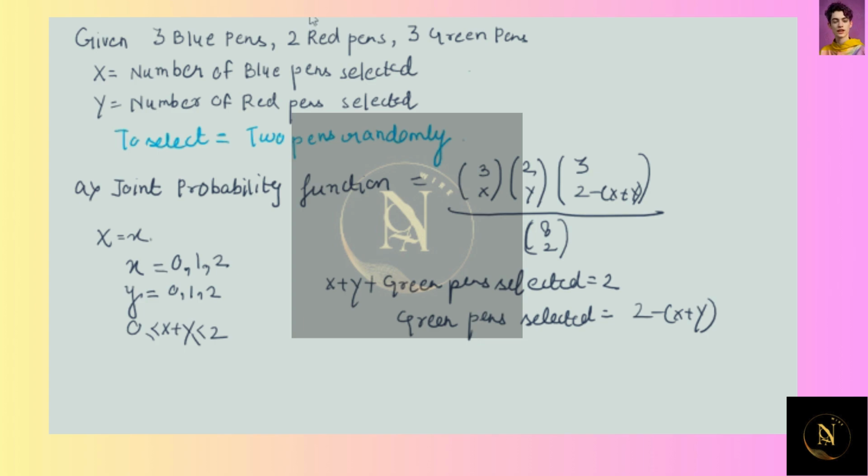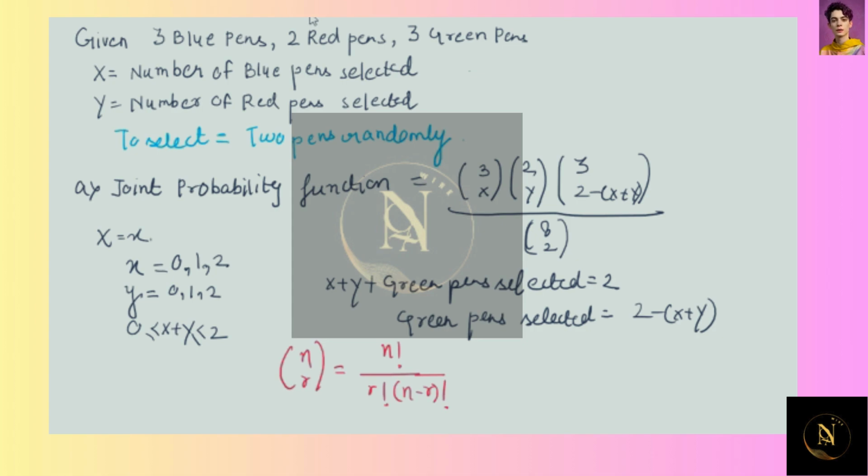And we must remember that nCr has the formula n factorial upon r factorial multiplied by (n minus r) factorial. In this way we can calculate the different values by putting in x and y.